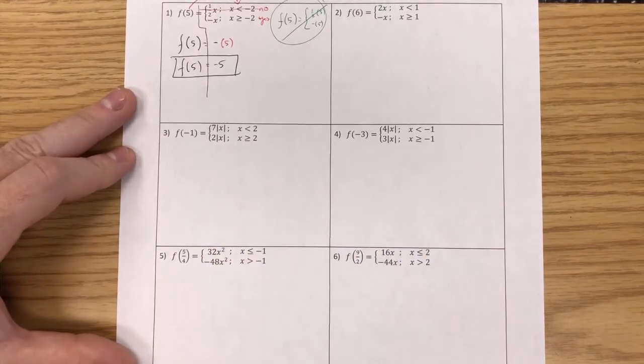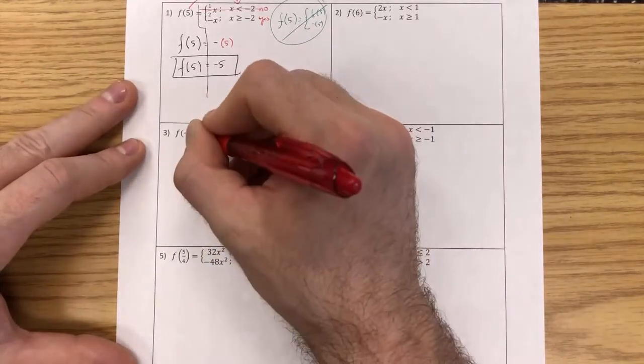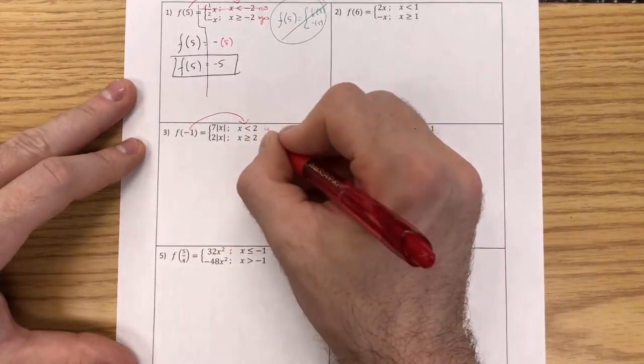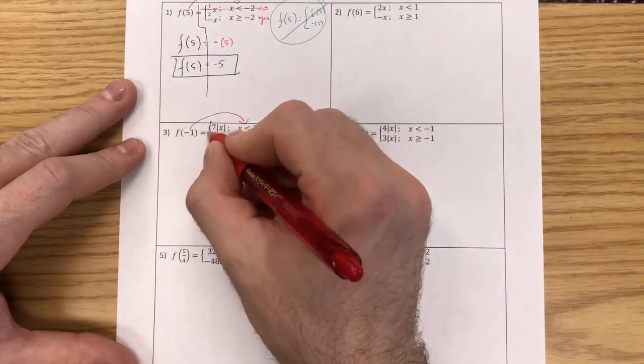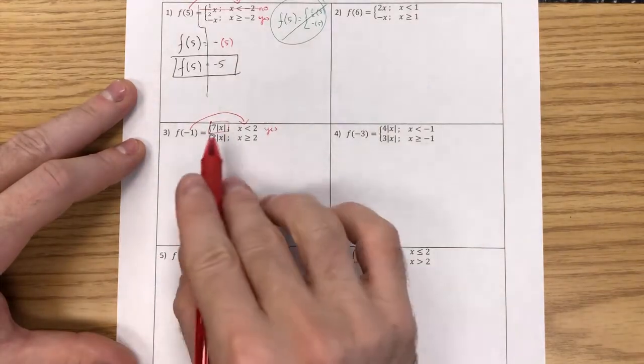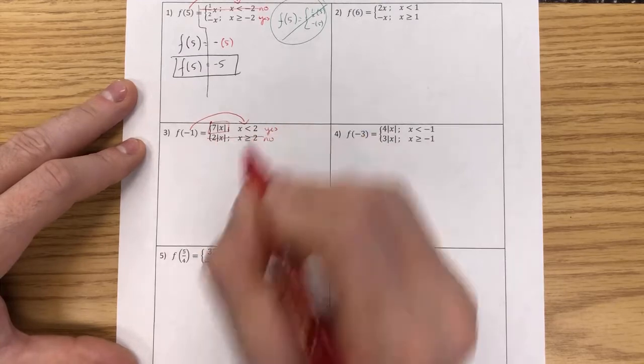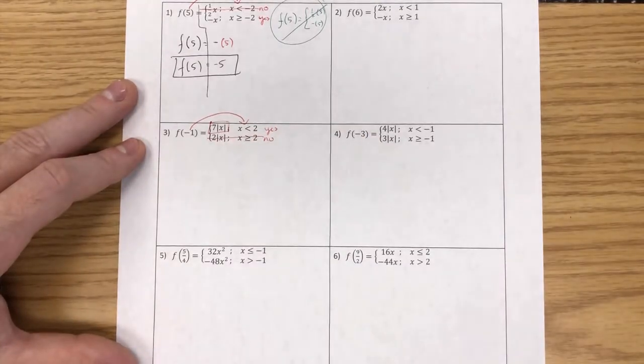So with this one, I only plug it in where appropriate. If I go and check, -1 is less than 2, so I'm going to be using that function. -1 is not greater than or equal to -2. I'm not going to be using the bottom function.